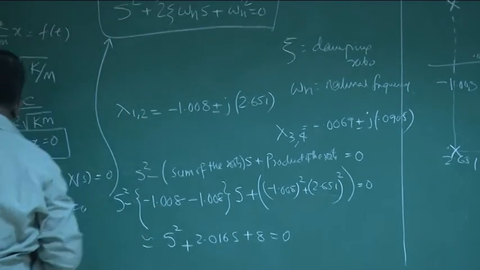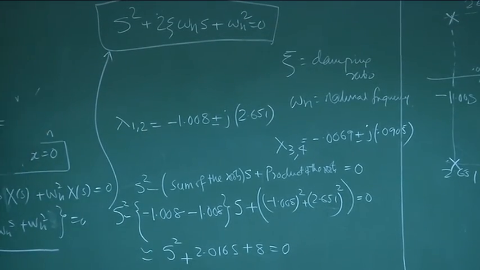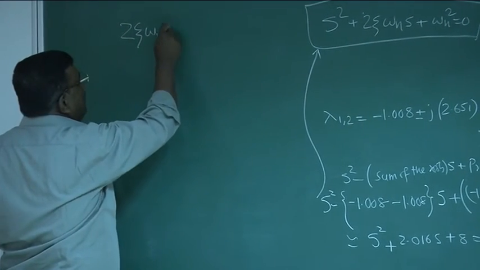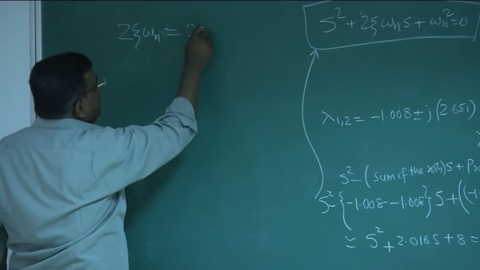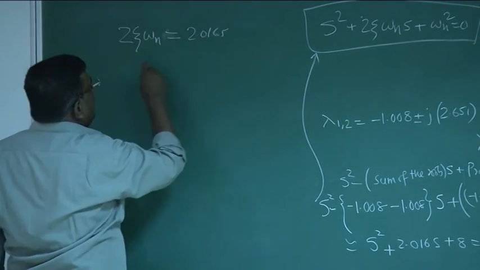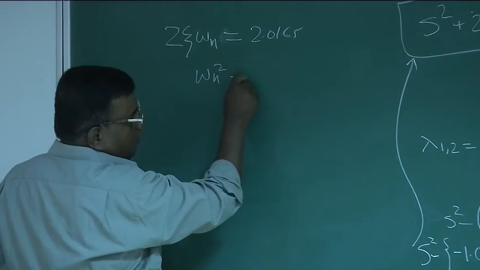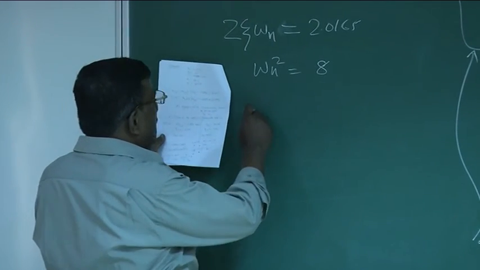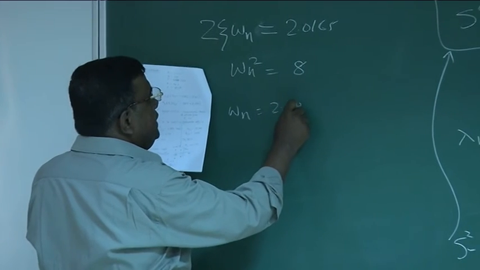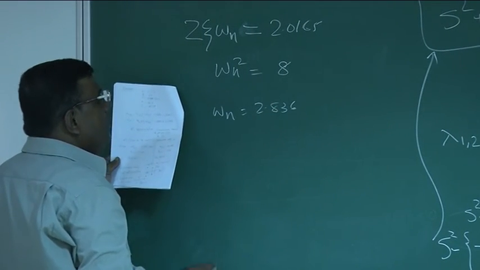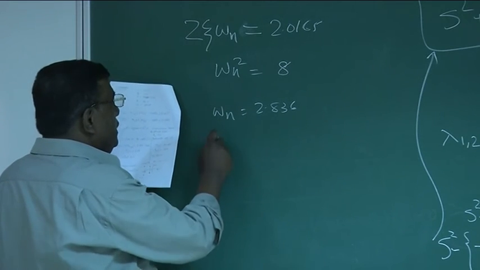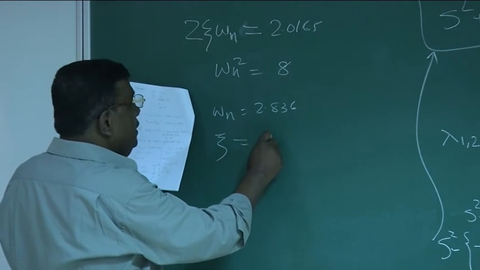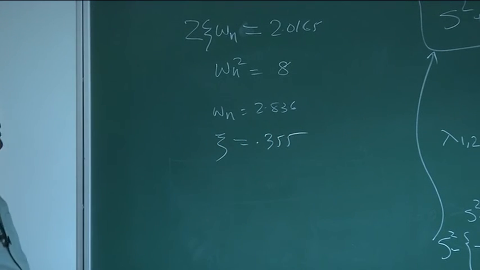So I can write immediately, 2 zeta omega n, s will not be there, equal to 2.0165, and omega n square will be equal to 8. So omega n square equal to 8 means roughly omega n will be equal to 2.836 radians per second. And zeta I can find out using this equation as 0.355. So simple.